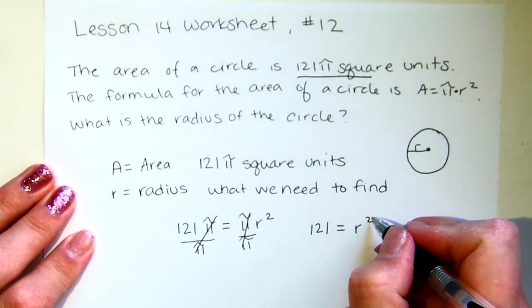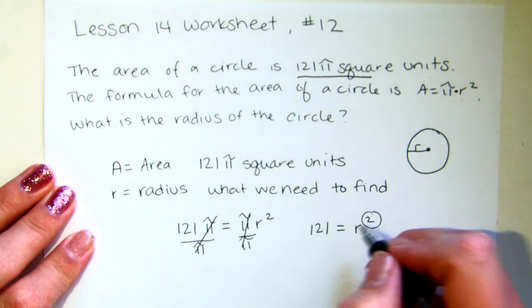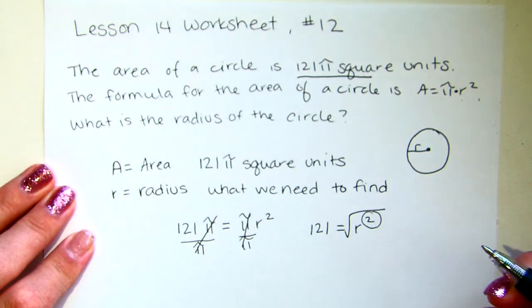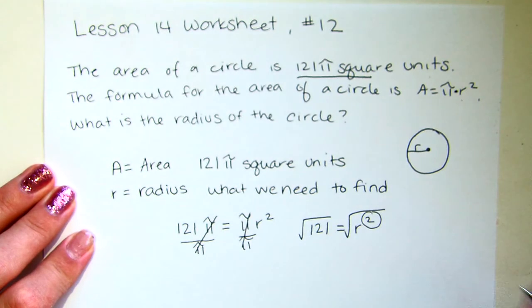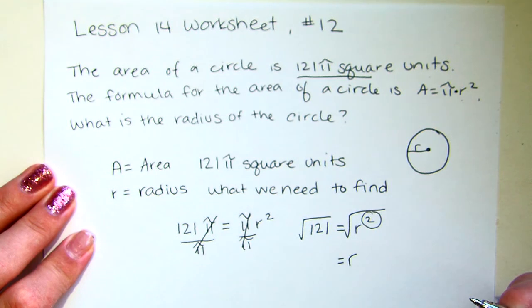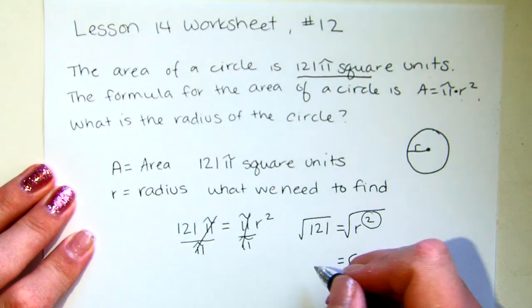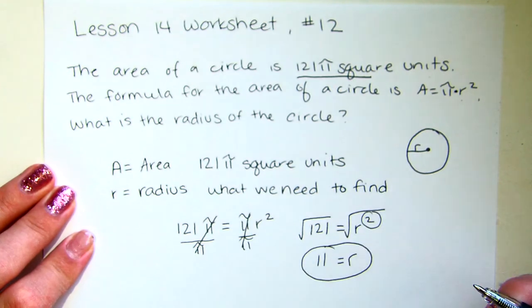Now I need to get rid of the square, and the opposite of a square is a square root. So when I square root one side of my problem, I'm going to square root the other. Now the square root is going to leave me with simply 1r, and the square root of 121 is 11. So 11 equals r.